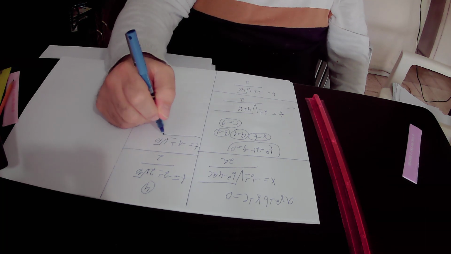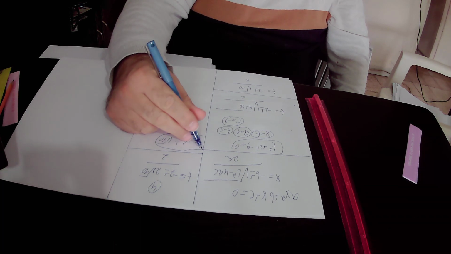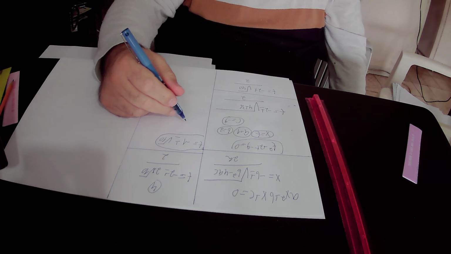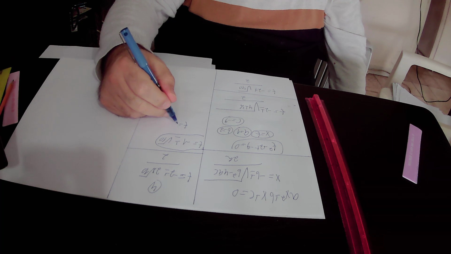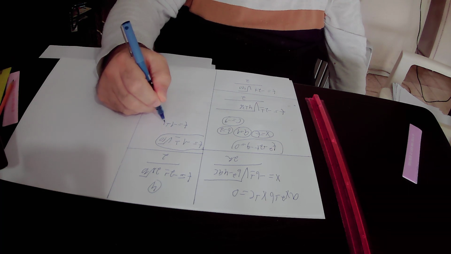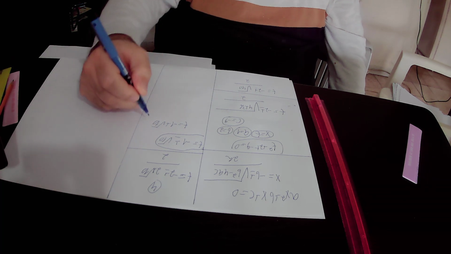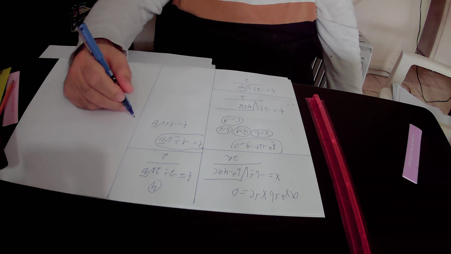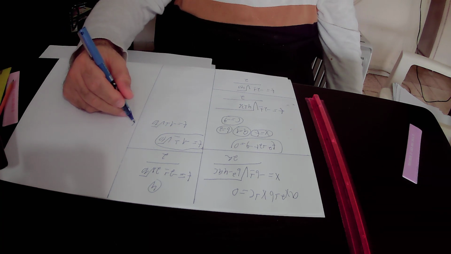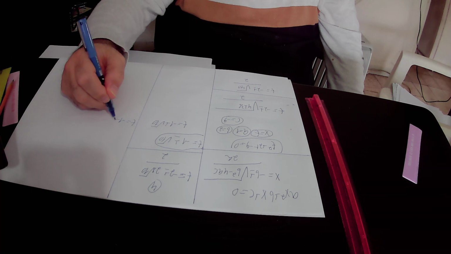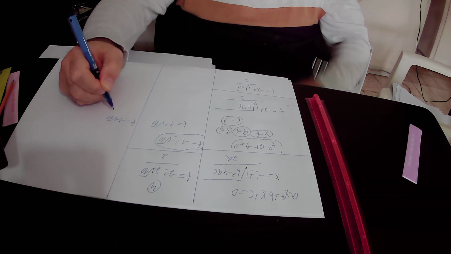So here we will have two possible solutions for t. The first solution is t equals minus 1 plus square root of 10. And the second solution for t is t equals minus 1 minus square root of 10.